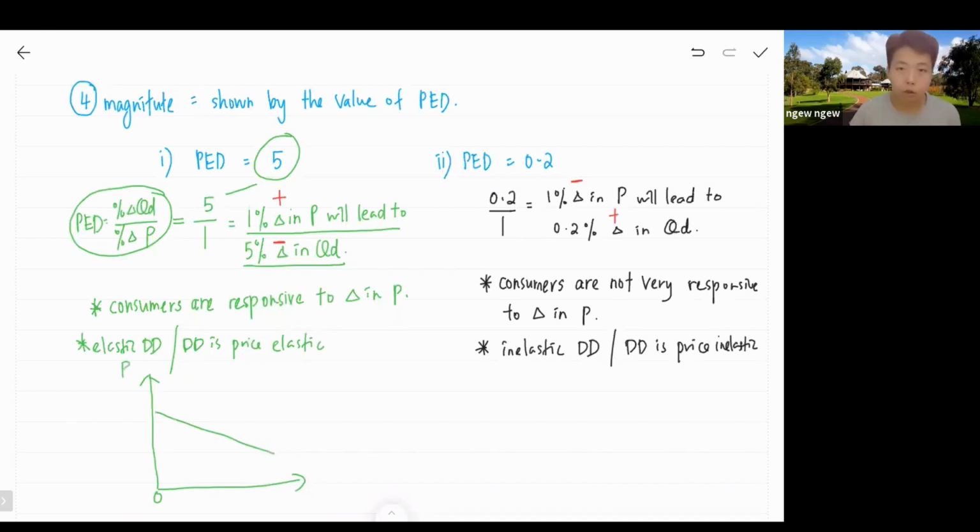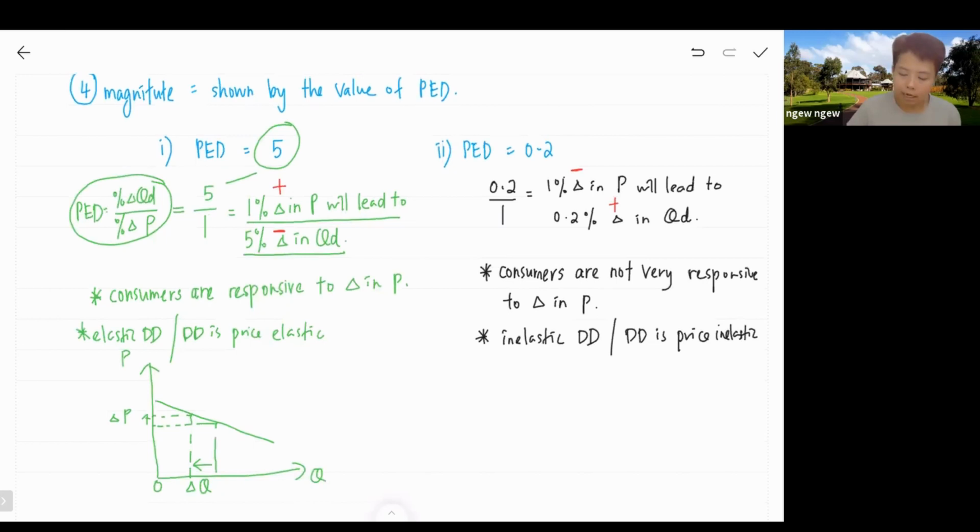Because the y-axis shows price and the x-axis is quantity. You see, when your price changes by this much, your quantity changes by this much. So this is the change in price, this is the change in Q. So in short, when demand is price elastic, the percentage change in QD will be greater than the percentage change in price.